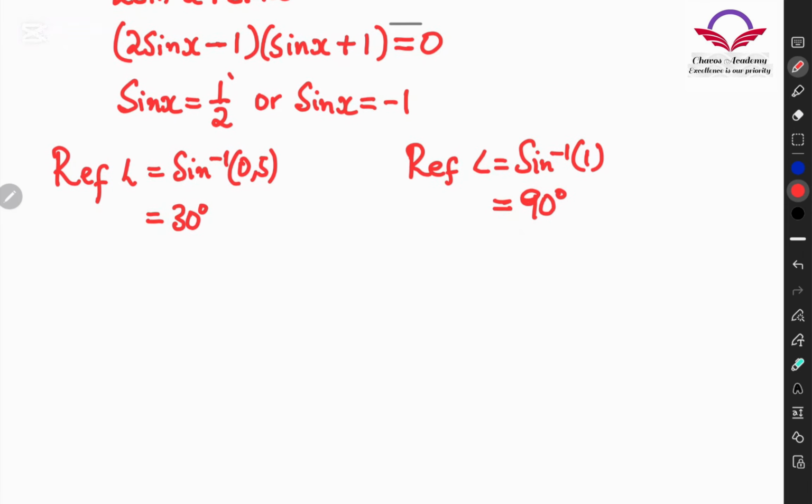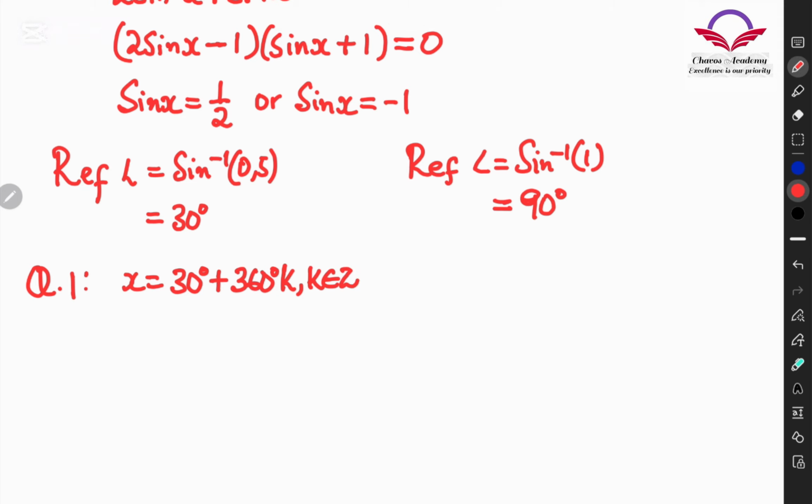Going back to this first one, we'll say where sine is positive, it's quadrant number 1, of which we're going to have 30. We're going to have x equals 30 plus 360k, k element of integer.